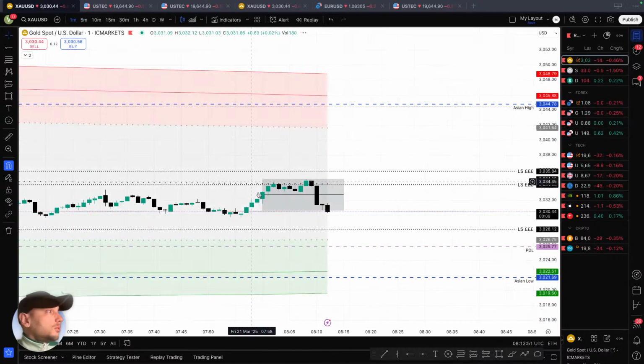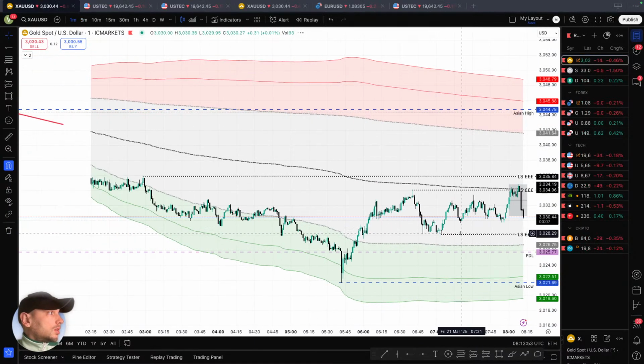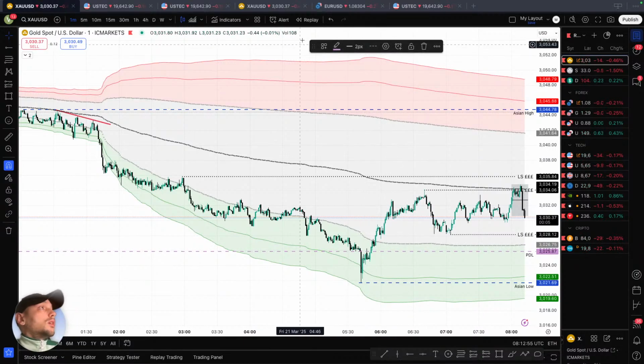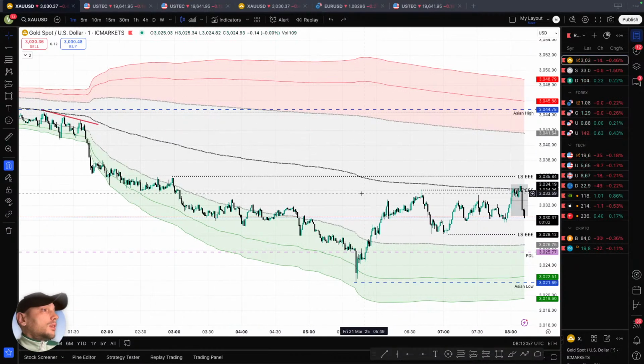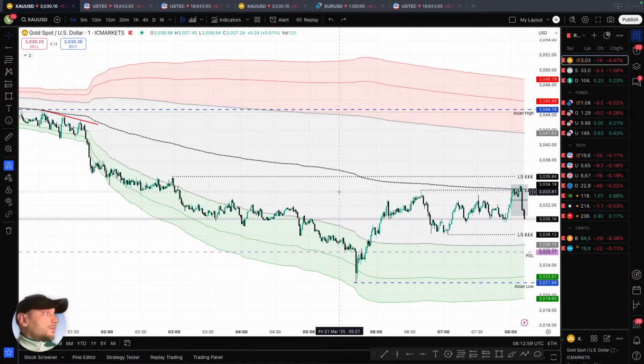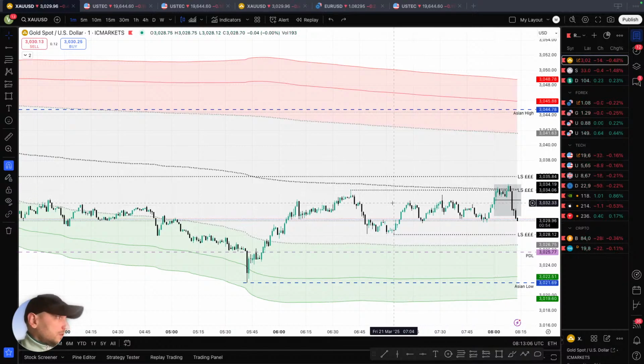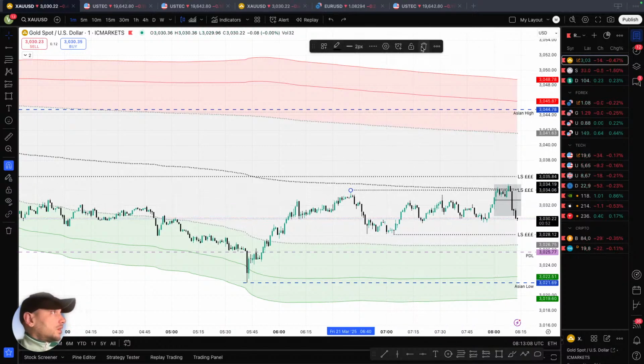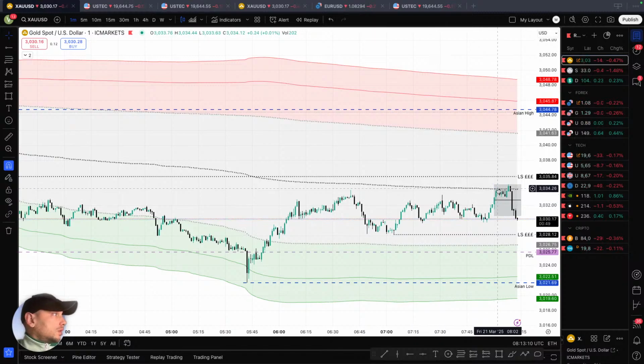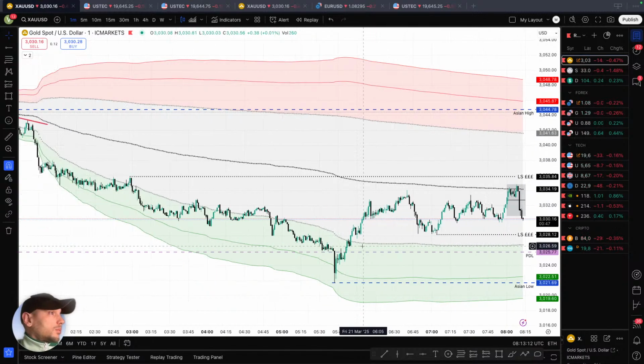That was a nasty move from gold. Why did things go wrong? I would say we took this liquidity, we saw a reaction and then a close above it, but it still played down. We didn't move above the 50%.